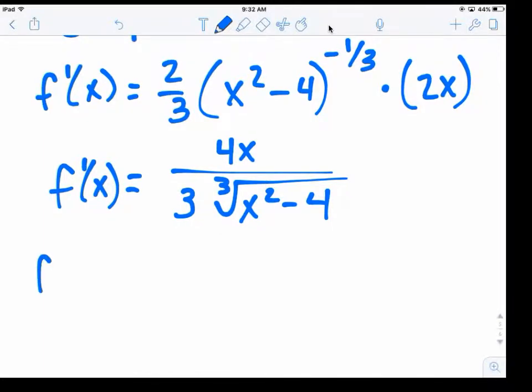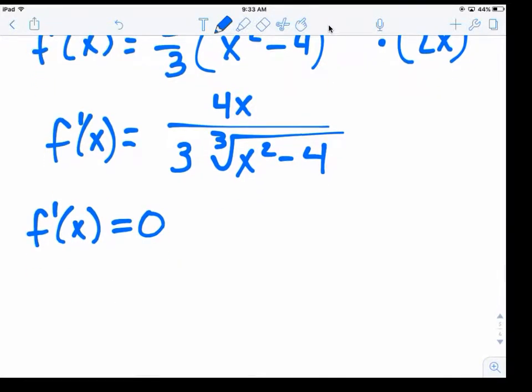So the derivative is going to equal 0 at 0, and then the derivative will not exist where?